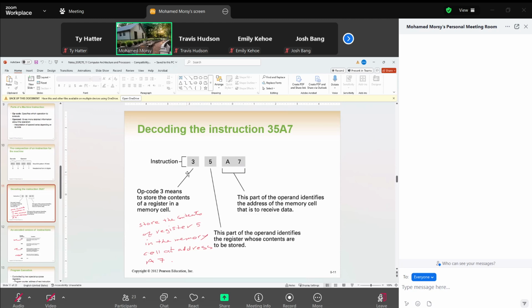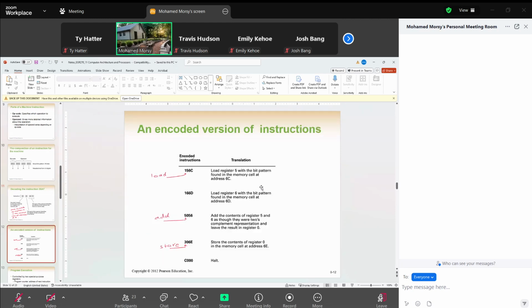3 means store. So store the contents of register 5 in the memory cell with address A7. These are different instructions, and the encoded version is here, or translation. So 156C: 1 means load.